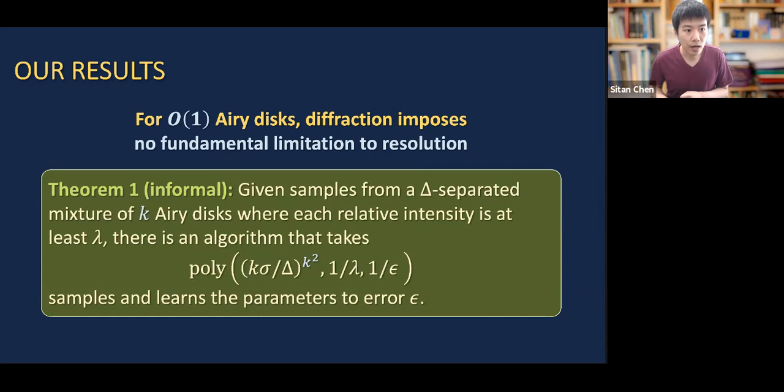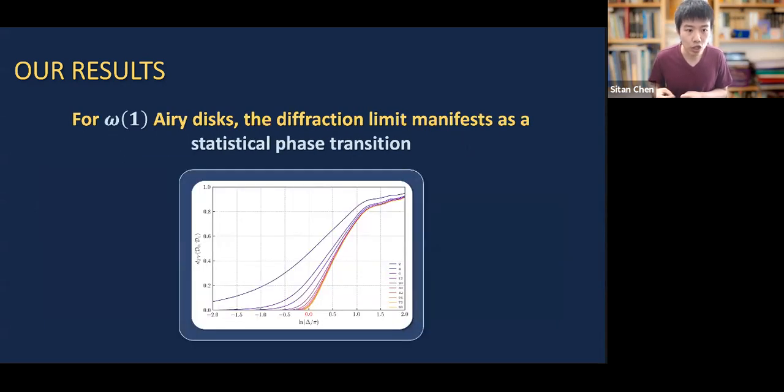On the other hand, if I have a super constant number of components, what we show is that actually the diffraction limit manifests as a statistical phase transition in the following sense. Remember, for mixtures of Gaussians, there was this critical threshold, root log k, which was pinpointed up to constant factors, or at least in an asymptotic sense, where if your separation was little omega versus little o, you got a significantly different statistical behavior.